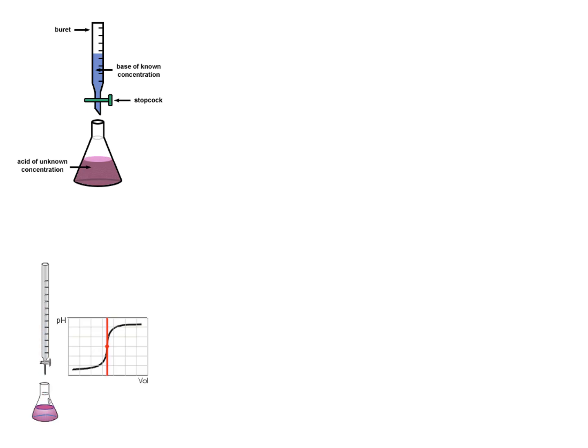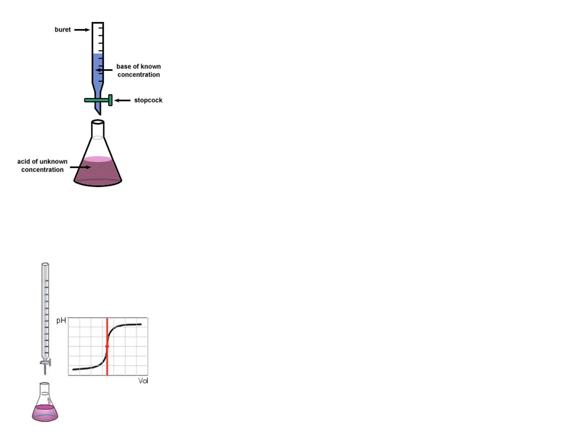So we're going to have a burette. A burette's sort of like an upside down graduated cylinder, but it's got a valve at the bottom, right? And so if we were to put some acid into an Erlenmeyer flask that you see there, and we were to put some base in the burette, and we were able to add a little bit of base to the acid at a time, little bit, little bit, eventually we would get to the point where the acid and the base are equal to each other, and they neutralize each other and become a pH of 7.